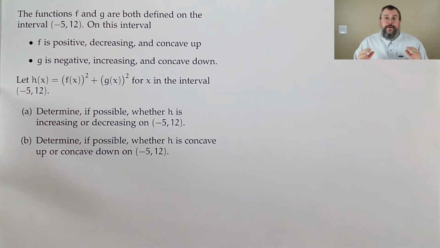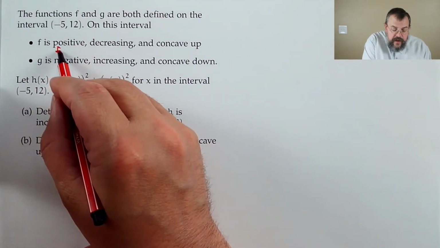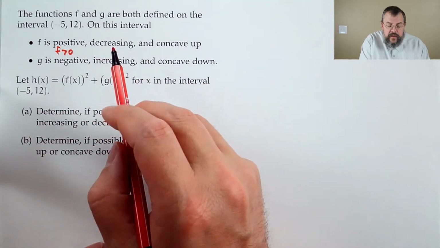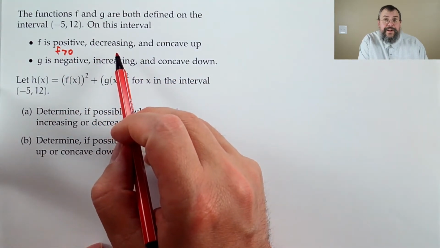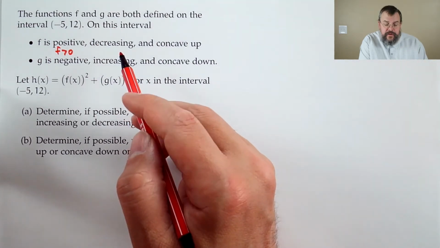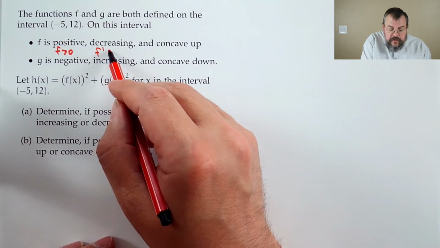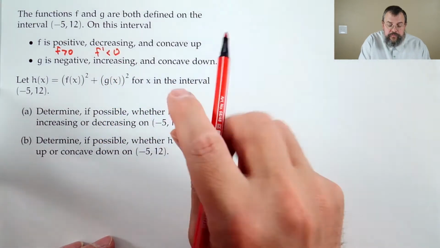All right, so let's start by reading off what we have. Because they're using these words, let's turn it into a different way to think about it. So we're told f is positive. Decreasing. Now, when we talk about decreasing, that's telling us something about the derivative. In particular, it's telling us that our derivative is negative.